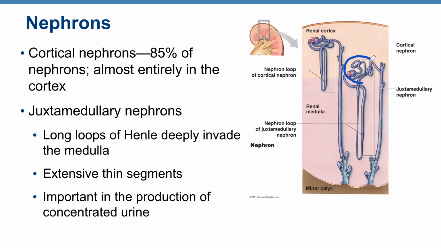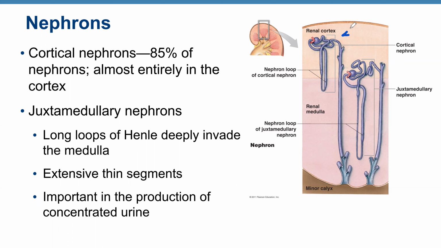Now, the proximal and distal convoluted tubules and the renal corpuscle are still in the cortex, but the loop of Henle is very long and it goes down to the medulla. This nephron is called a juxtamedullary nephron. So it has long loops of Henle that deeply invade the medulla, with an extensive thin segment, and they are important in the production of concentrated urine.